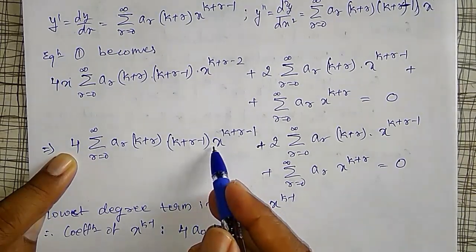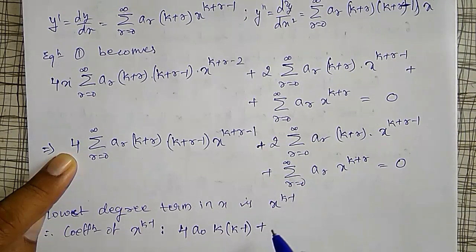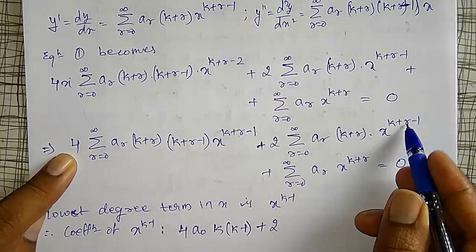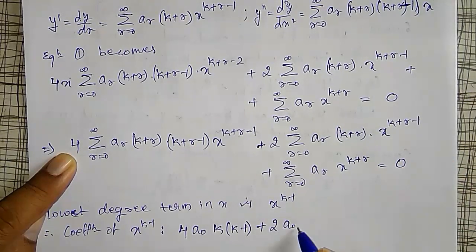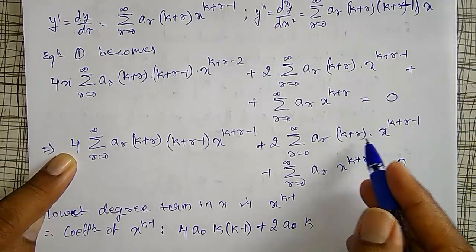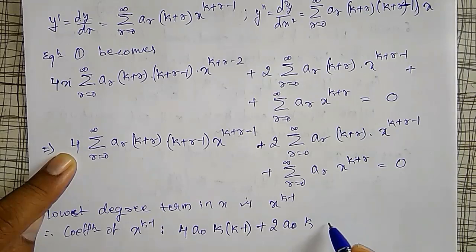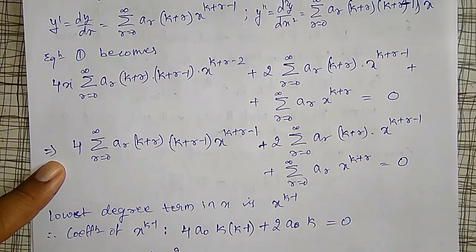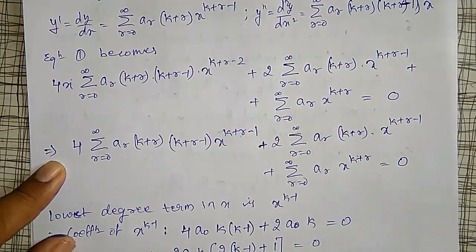That is its coefficient, plus 2 times a naught into k plus 0, equating it to 0. Solve this. I can take 2 a naught k common from these two, that will remain 2 times k minus 1 plus 1. I have taken equal to 0.